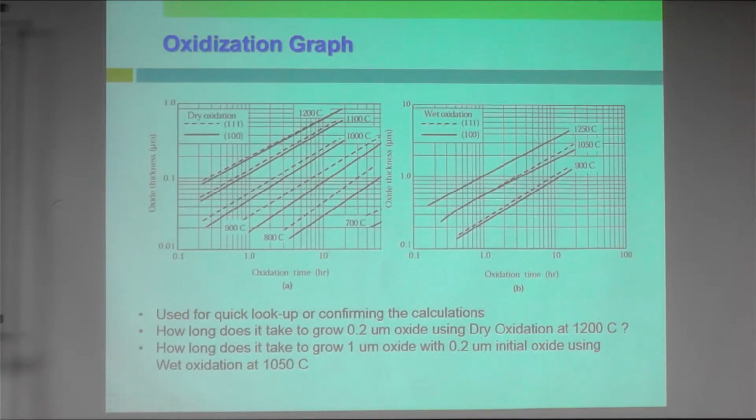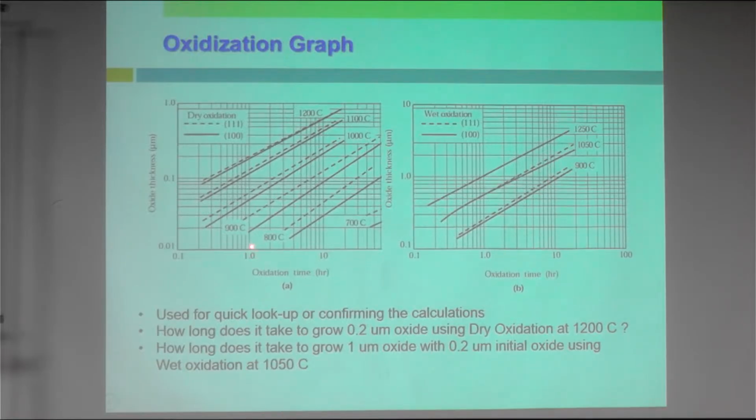This is for dry oxidation, and this is wet oxidation. For wet oxidation, for 10 hours, you can get a thickness of 1 micrometer, almost the same time.